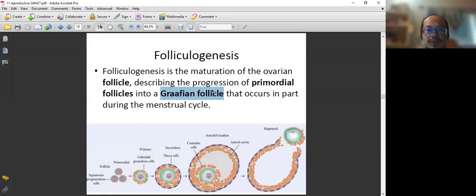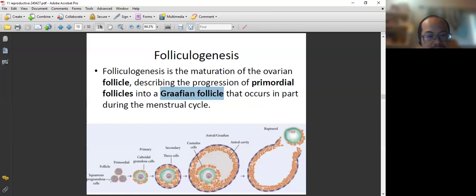And that is one ready for ovulation. Now you have the ovulation. So that's that. So what's in the follicle? Follicles have basically 3 layers of cells. In the primordial, you only have oocytes and surrounding cells.